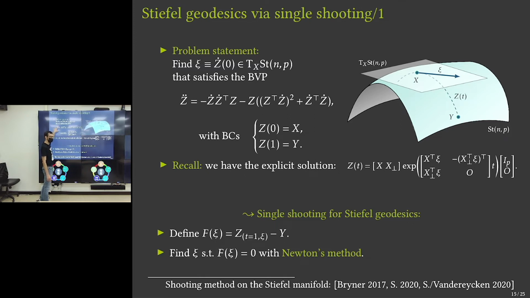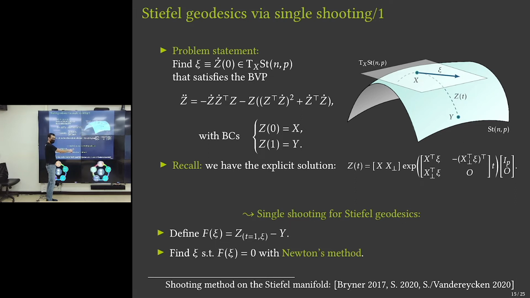In this case, luckily, we don't need it. So we can just use this one with the boundary conditions and define the function that gives the mismatch. Because when we shoot with x and a certain psi, we find the z at t equal to 1, which is just the Riemannian exponential.